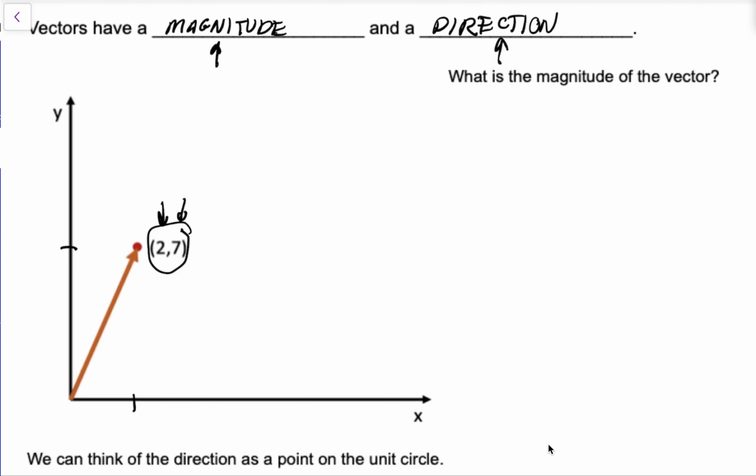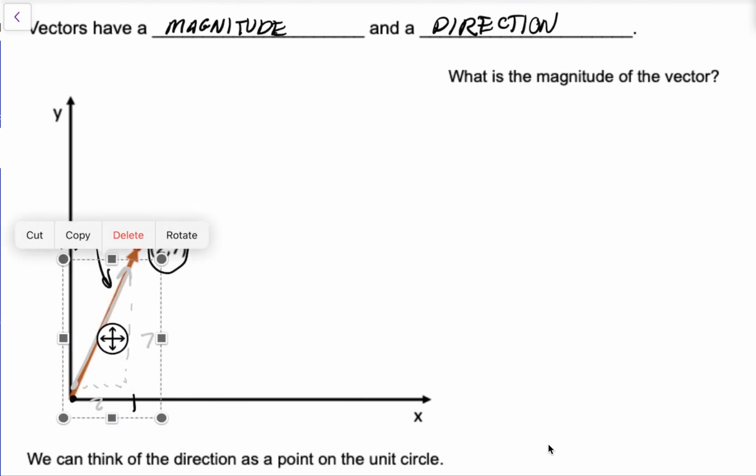I should be clear here before we go on that this vector that we're looking at starts at the origin, and it goes up to 2, 7. It would be the same vector if it started here and went up 7 and over 2. As long as this is true, we have the same vector whether or not it's in the same place.